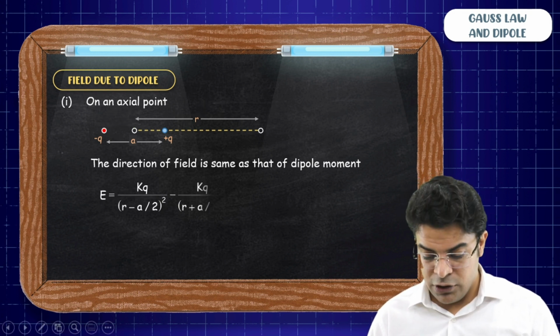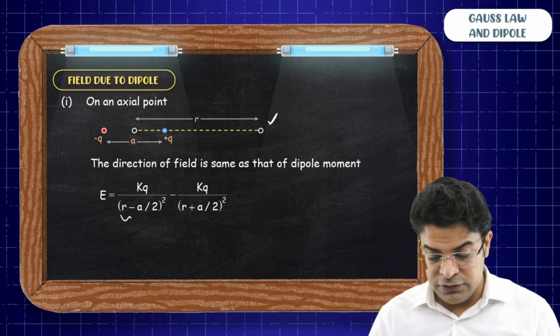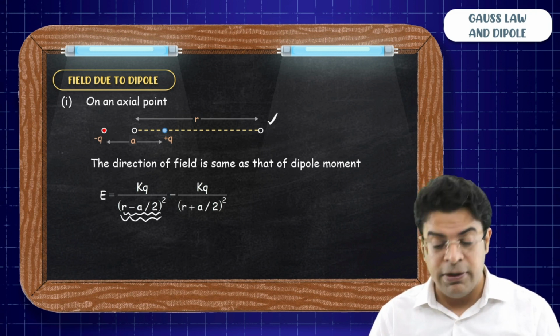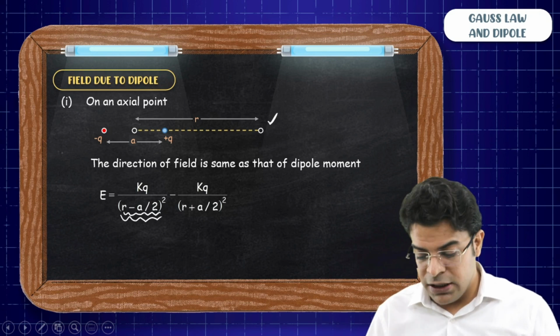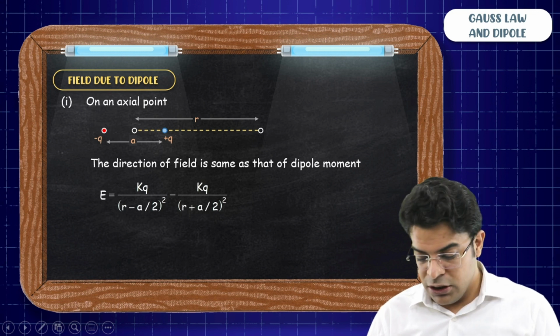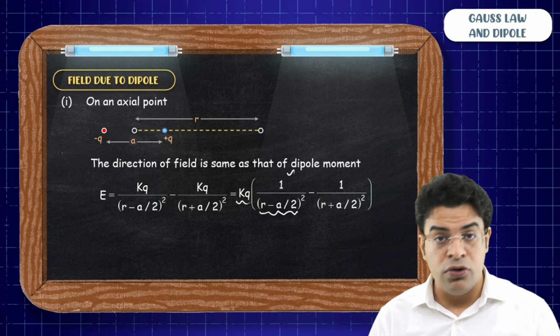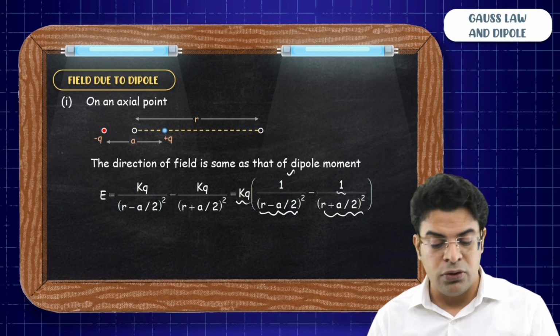So you will say the net electric field at this point will be the field due to the positive charge, which is kq upon (r minus a by 2) whole square towards right, minus kq upon (r plus a by 2) whole square towards left. So when you take kq common, you get kq into [1 upon (r minus a by 2) whole square minus 1 upon (r plus a by 2) whole square].